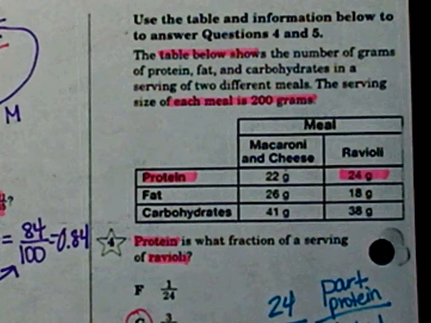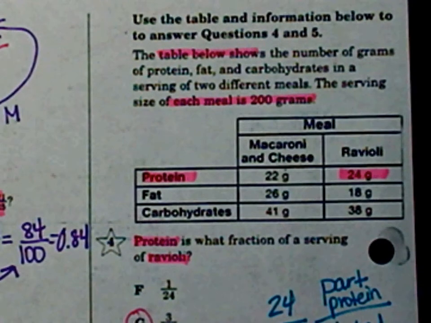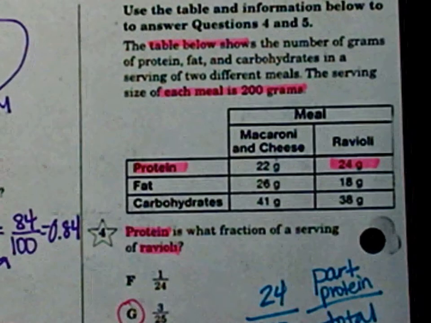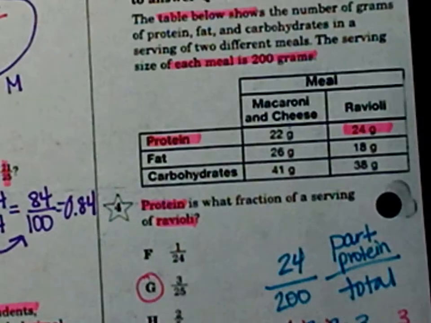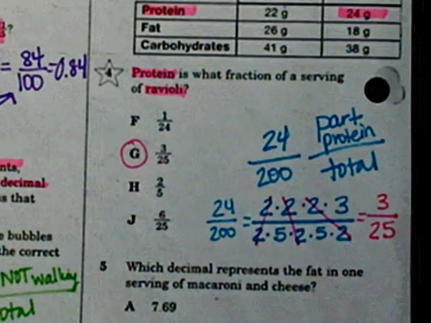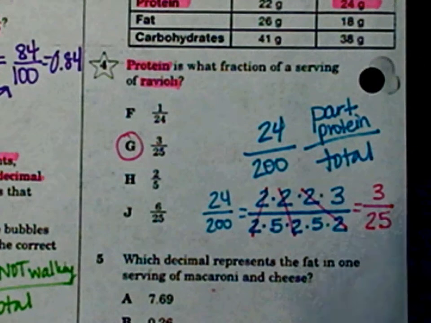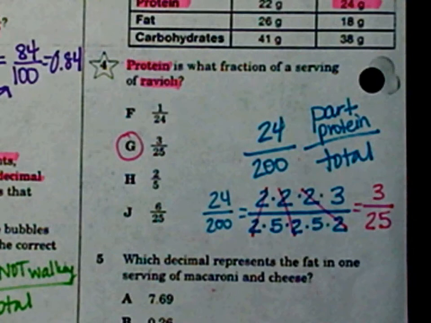And that means that 24 200ths reduced is 3 25ths. I could have also found that by just finding my GCF and dividing. Either way would have worked.